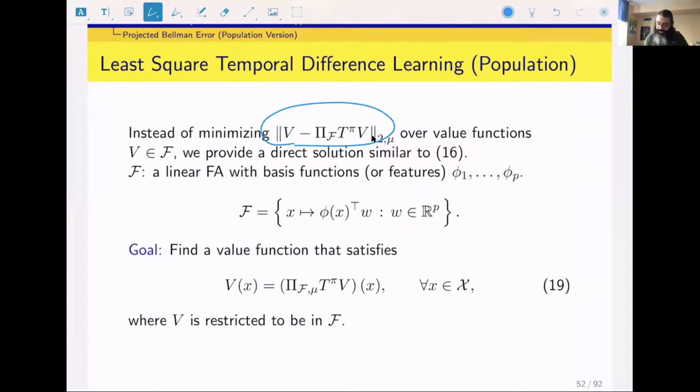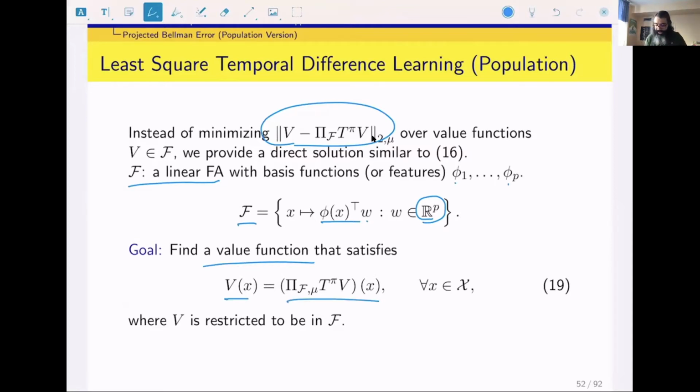So here, we assume that the function space F is a linear function space. So F would be the space of functions that can be written as phi(x) transpose w, where w is p-dimensional. We have p basis functions. And the goal is to find a value function that satisfies this linear system of equations.